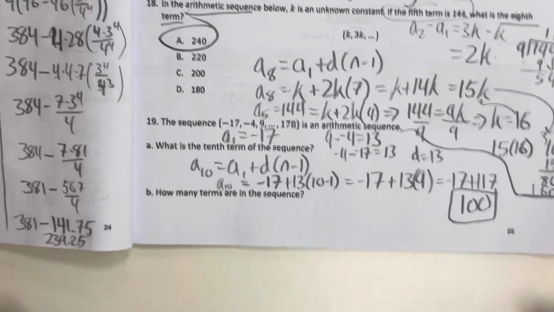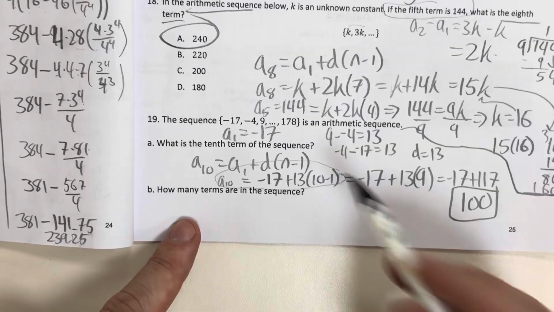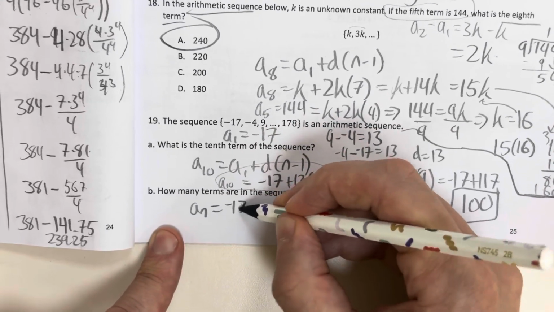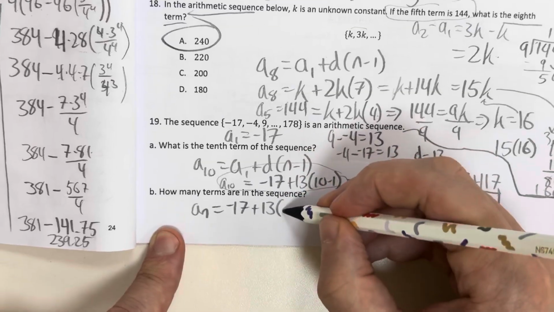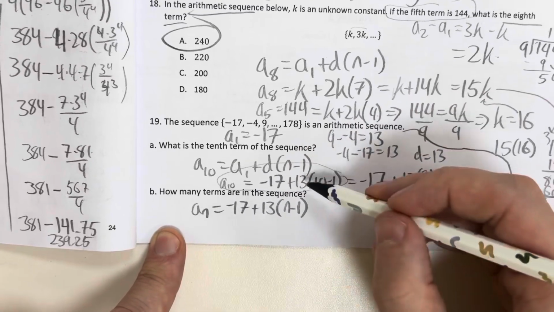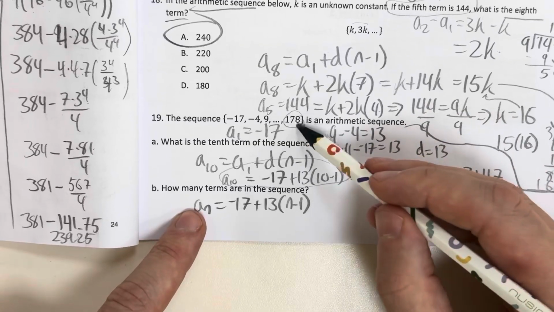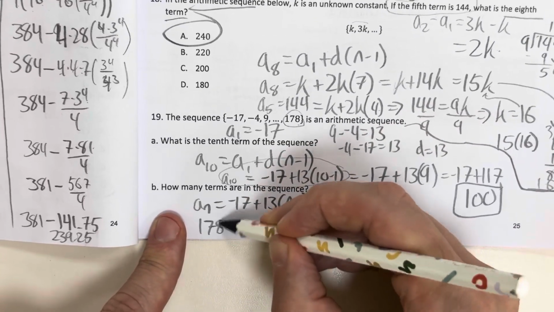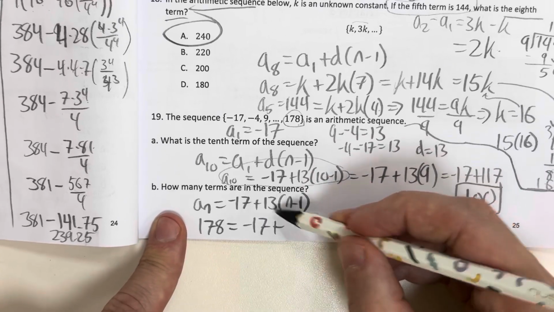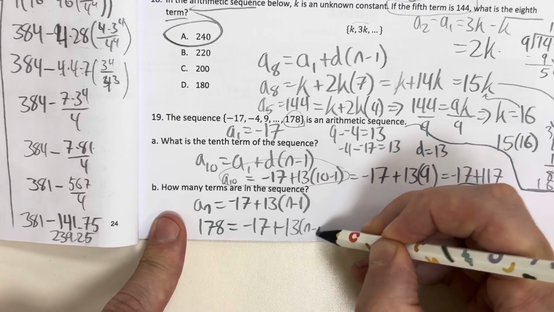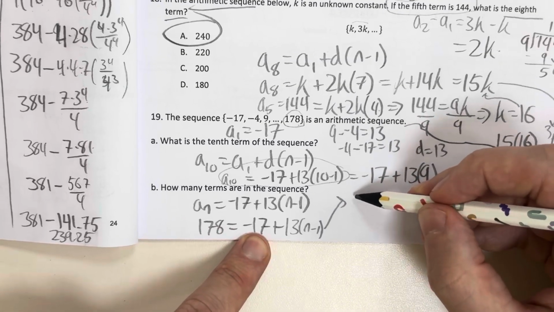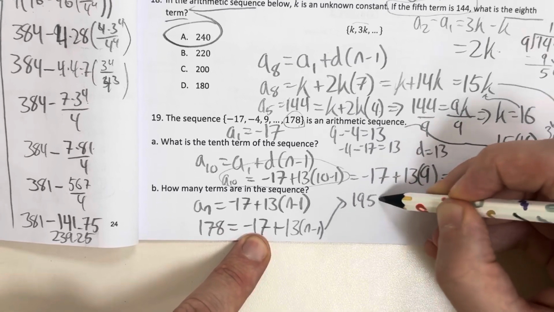And how many terms are in the sequence? We can use the same formula again. A sub n is negative 17 plus 13 times n minus 1. And we want to know how many terms are in the sequence. So we want to know which term this is. What n gives you that? You could distribute this out, but actually it's not going to save you any steps because add 17 to both sides, you get 195.